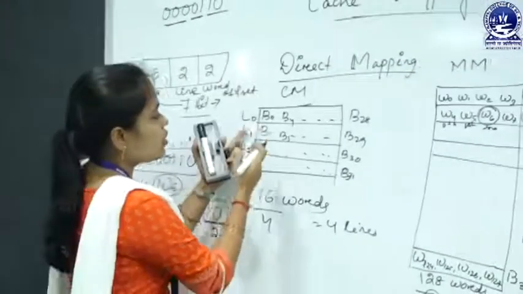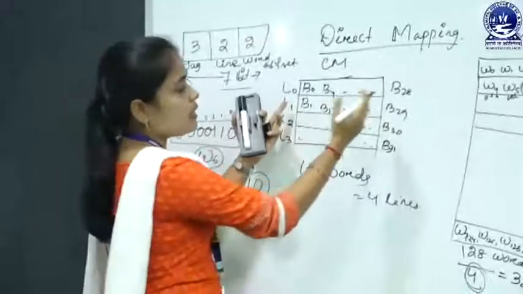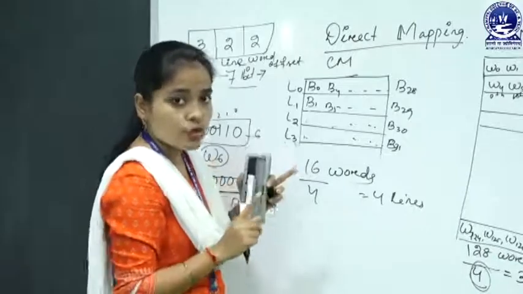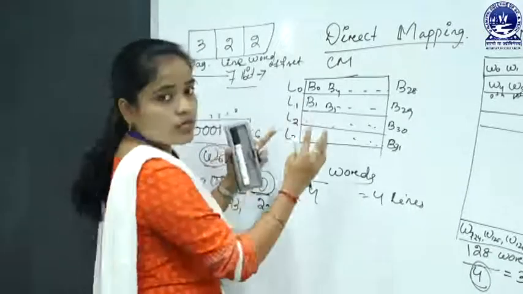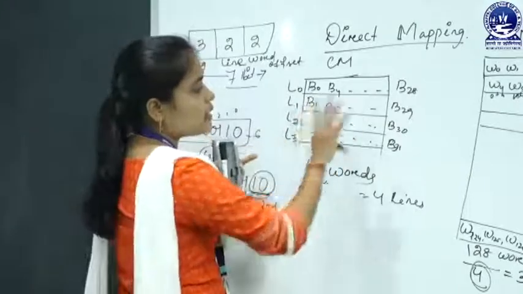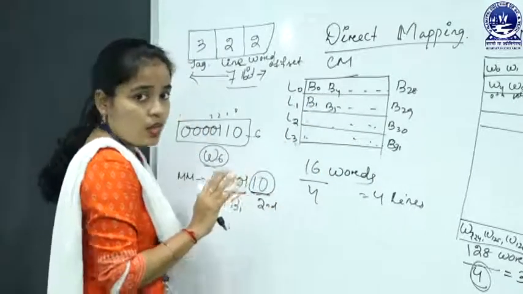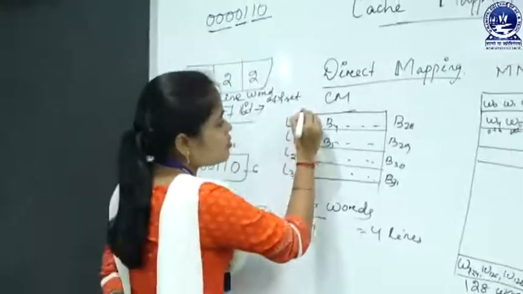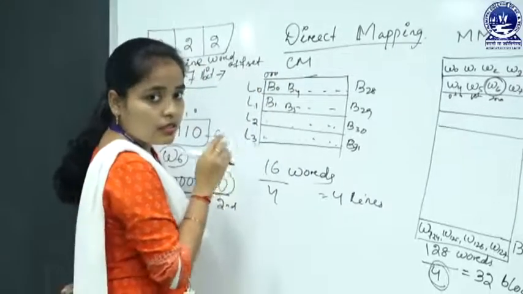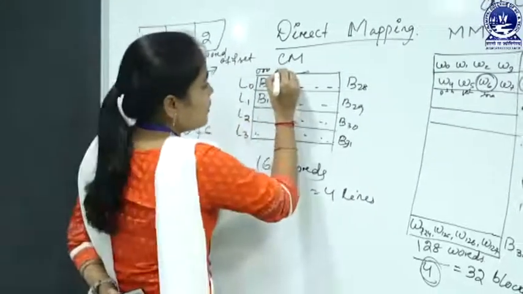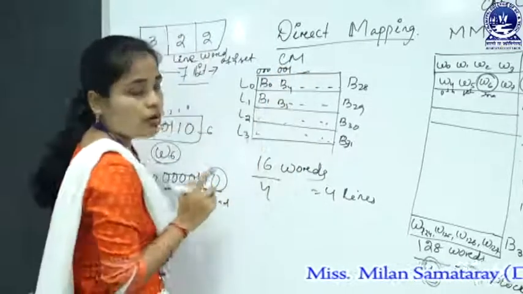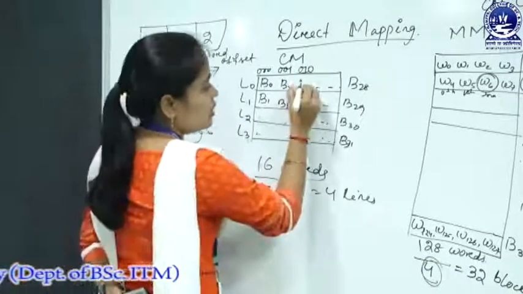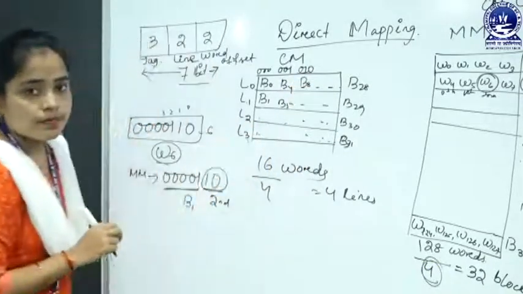Here you can see L0 can contain 1 block at a time, but the range of blocks it can hold is approximately 8. To represent that we need 3 bits. If it is 000 that means B0, if it is 001 that means B4, and the next one will be B8, like this.